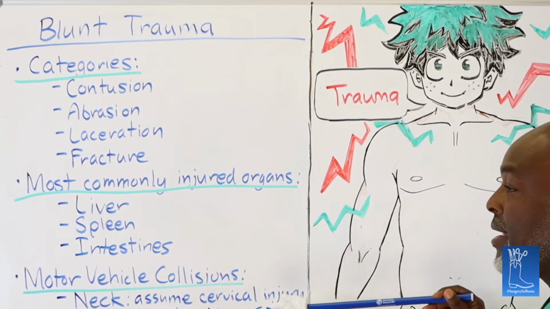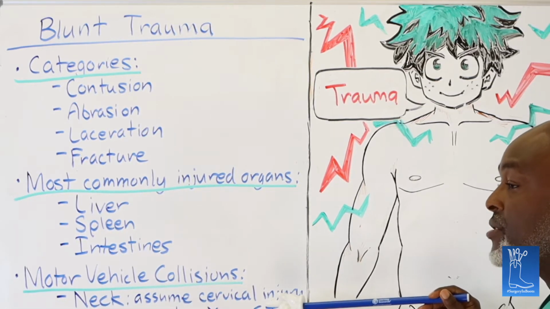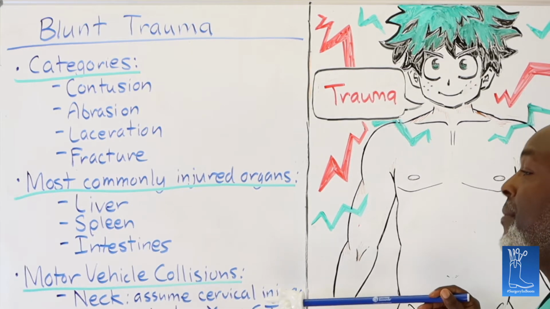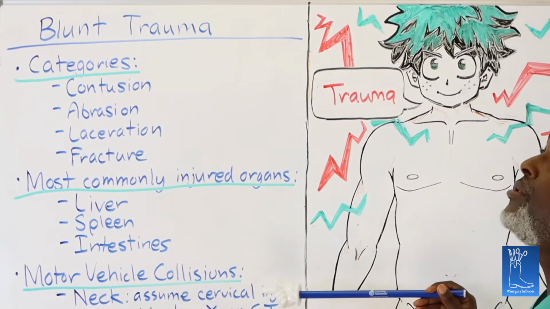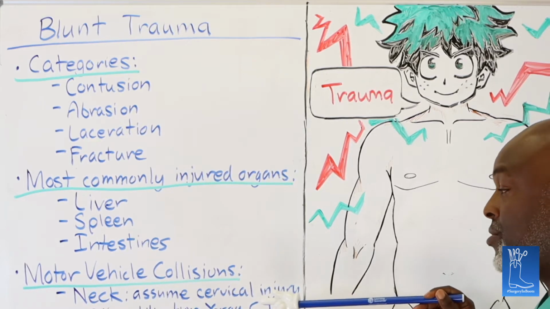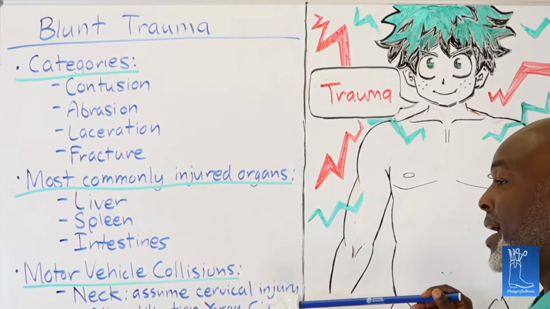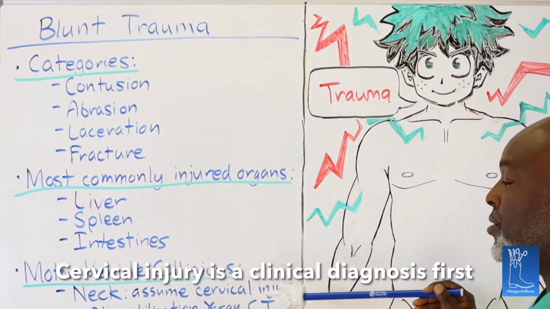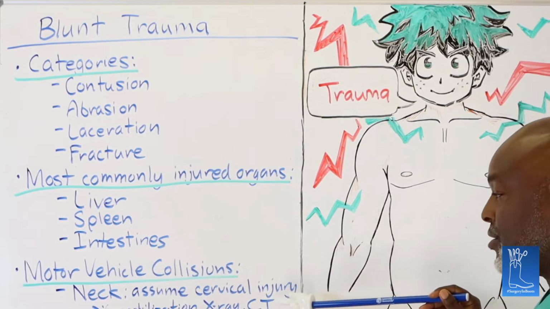For the most part, if they have full range of motion without pain, up, down, left, right, look up, turn left, turn right, without any injury, without any pain when they do that, and they can hold their head up, the majority of the time they do not have a cervical spine injury.